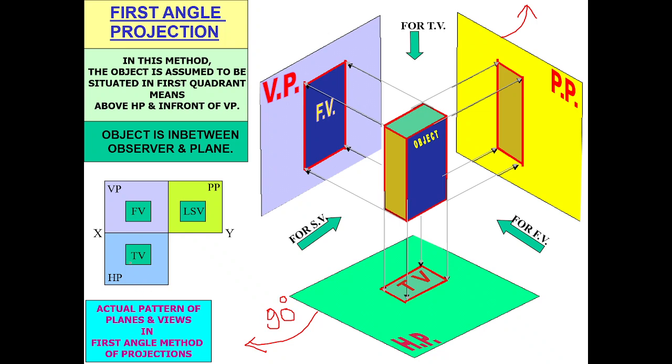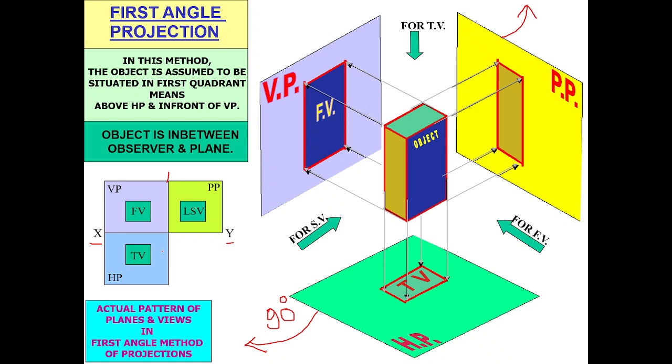You can see this is the XY line. Above the XY line you will get the front view, and below the XY line you will get the top view. And the left hand side view you will get on the right side of the front view, and the right hand side view you will get on the left side.